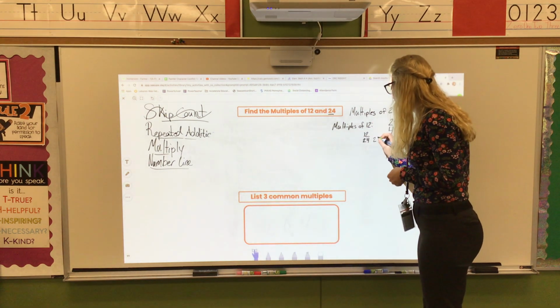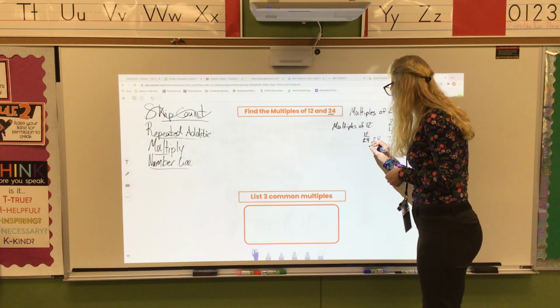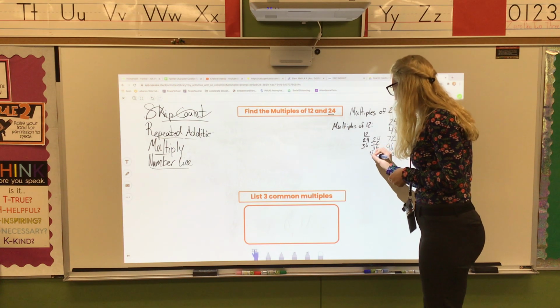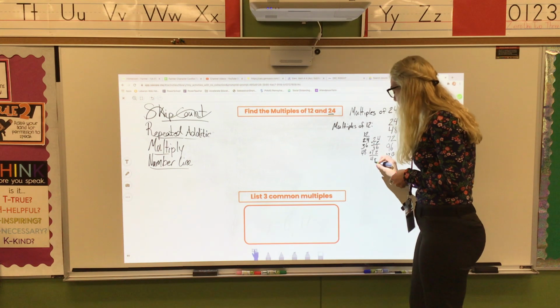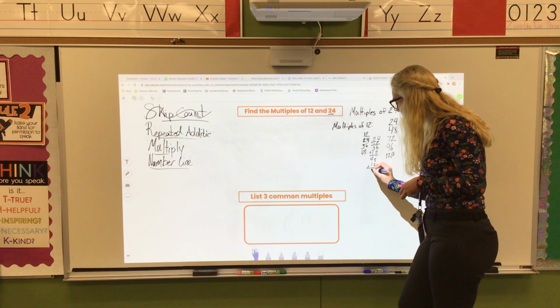So I'm going to do repeated addition and do 24 plus 12, which gave me 36. And 36 plus 12 gives me 48. And 48 plus 12, see how I'm just keep going down to keep going, is 60.